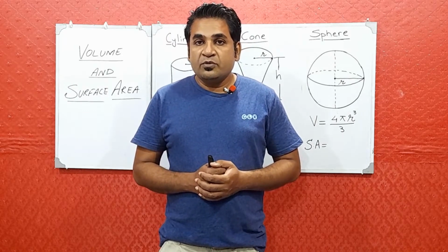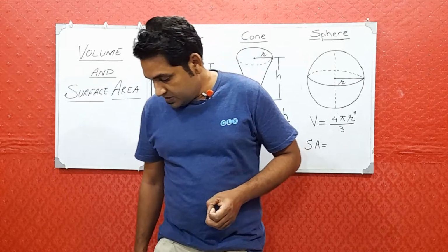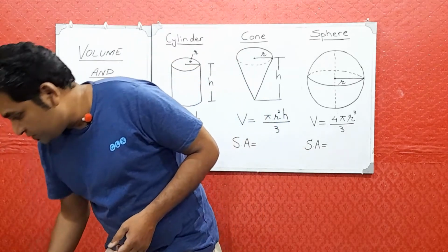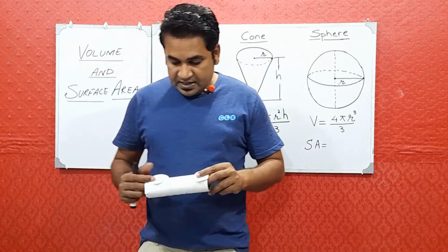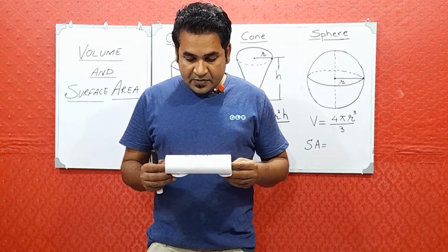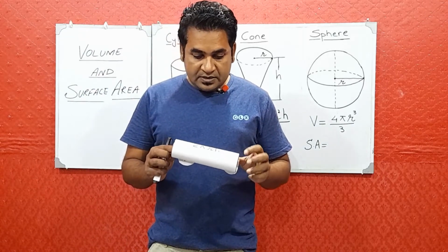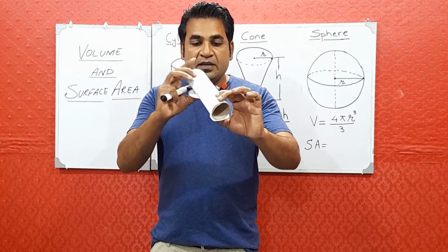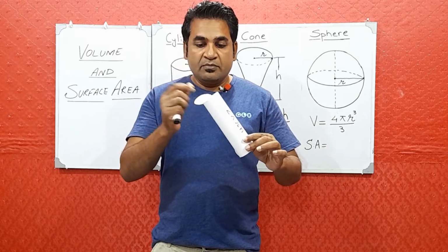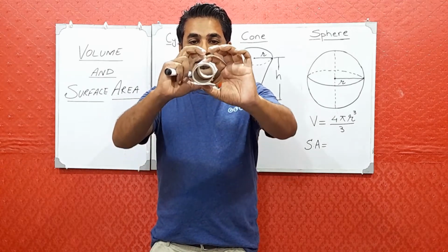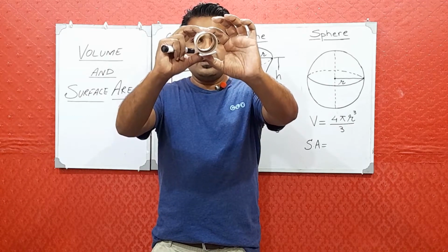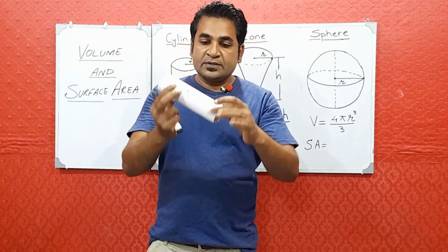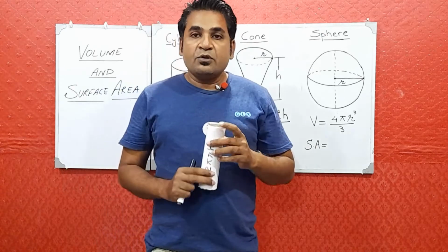I have made a few shapes for you. You can see that this is a cylinder, and although I have made caps, first consider it in this form, open at both ends. We are talking about volume.